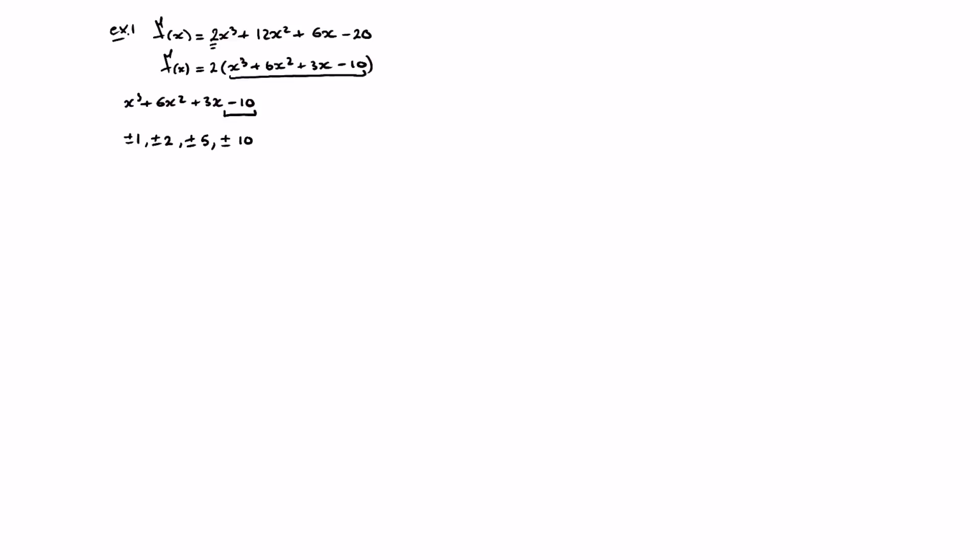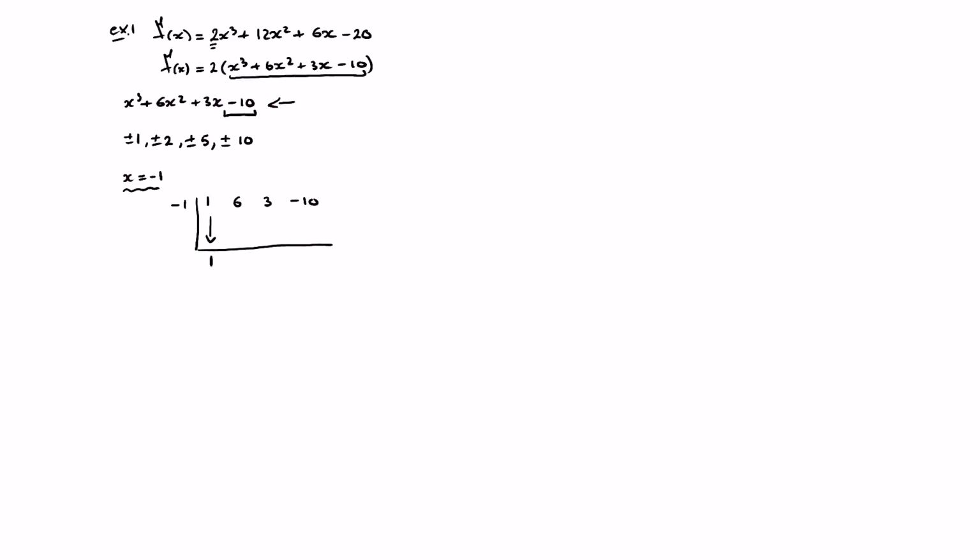Let's get started. We'll try first x equals negative 1, and we'll evaluate it using the nested scheme. Looking at our polynomial function, the coefficients are 1, 6, 3, and negative 10. So we make our small table, and we're evaluating at negative 1. Carrying down the 1.